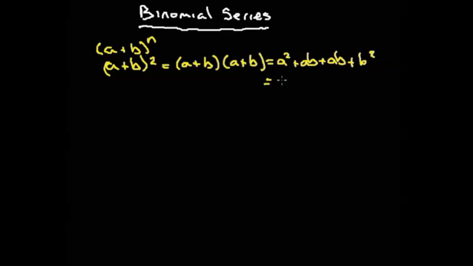Gather up the terms and I have a squared plus, how many ab's have I got? I've got 2 of them, so I've got 2ab and I've got 1 b squared.